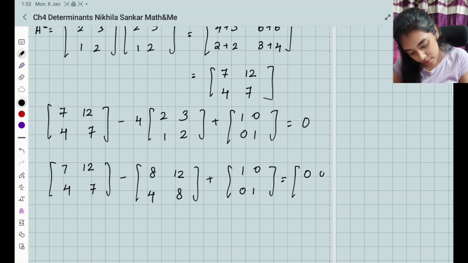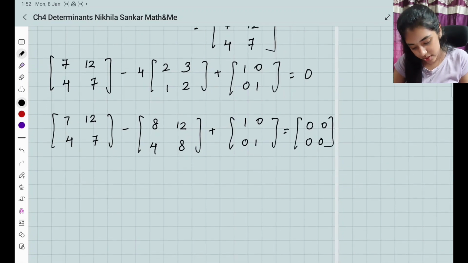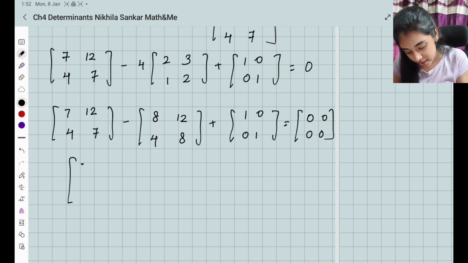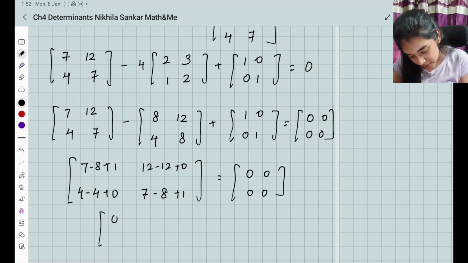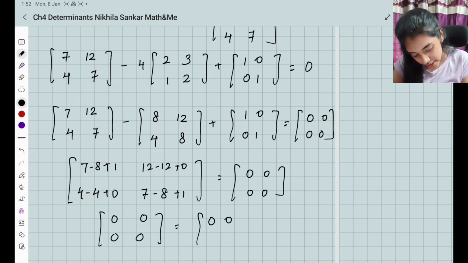What will the 0 matrix look like? It is going to be a 2 by 2 matrix. Now when I subtract, I have 7 minus 8 plus 1, 12 minus 12 plus 0, then 4 minus 4 plus 0, 7 minus 8 plus 1, equals 0, 0, 0, 0. So it is a 0 matrix.